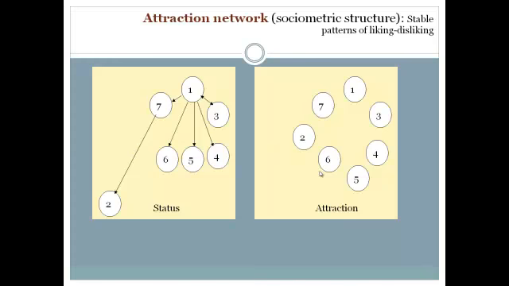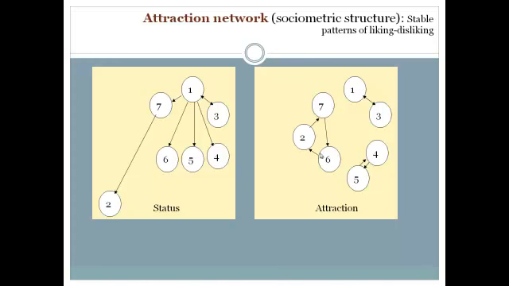So take a look at the patterns here. For the status here, it seems as though person number 1 has the higher status here. Person number 2 has a low status down here. Over here, though, you can see who likes each other.